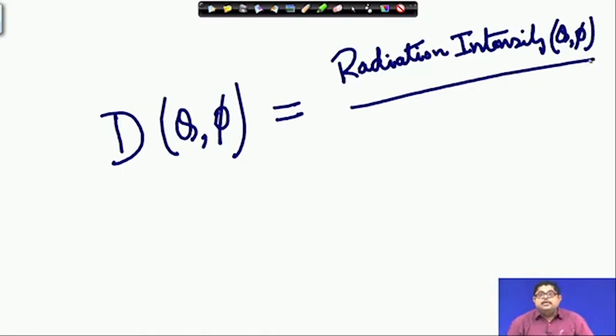If instead of angular nature I had an antenna, or fictitious antenna, because no antenna can do that, a fictitious antenna which can radiate equally in all direction, then I could have taken that equally it is radiating all. With respect to that, I am finding the radiation intensity of this.